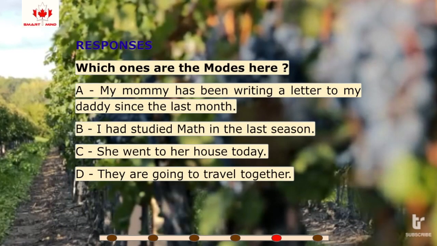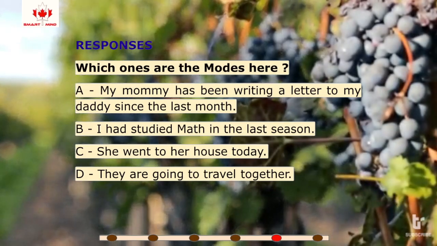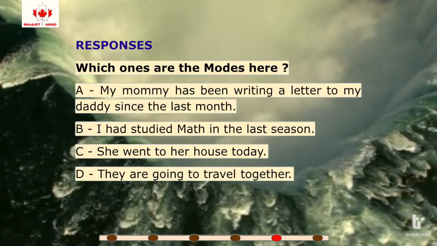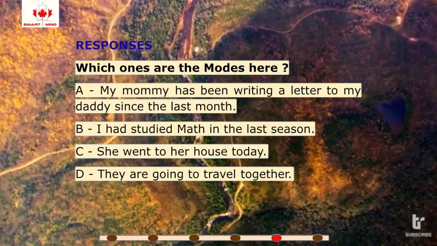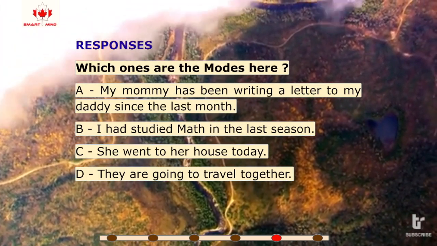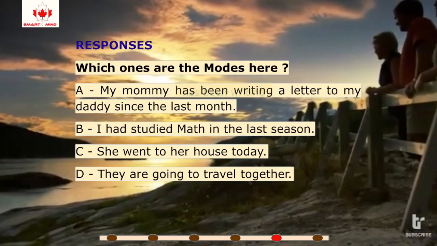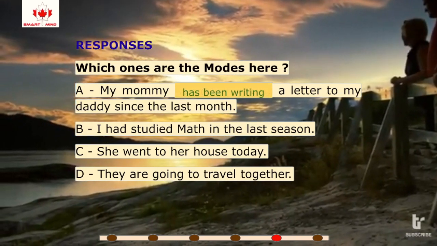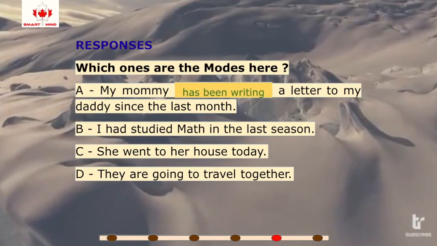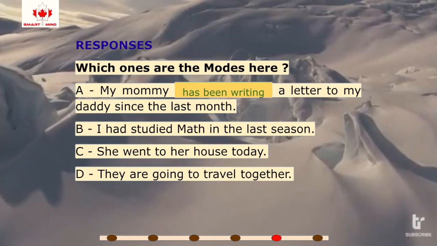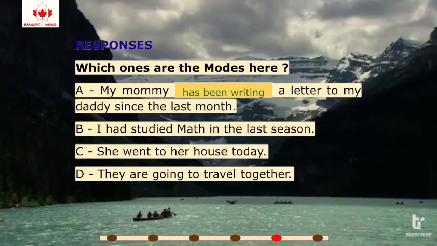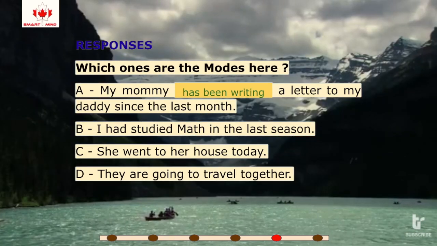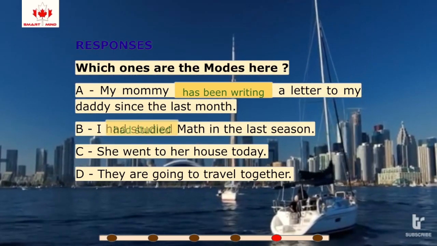Responses. Which modes are used here? A. My mommy has been writing a letter to my daddy since last month. Has been writing. This is a perfect continuous. B. I had studied math in last season.